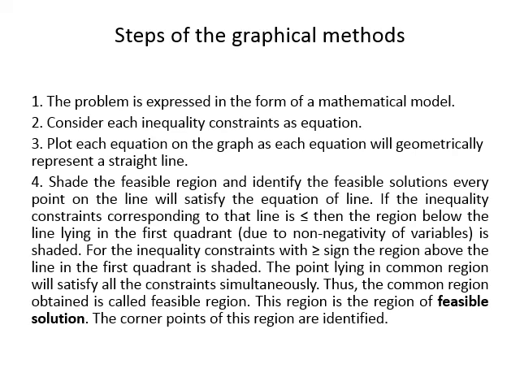For inequality constraints with more or equal sign, the region above the line in the first quadrant is shaded. Understand? The points lying in the common region will satisfy the constraints simultaneously. Thus, the common region obtained is called the feasible region. This region is the region of feasible solution. The corner points of this region are identified.